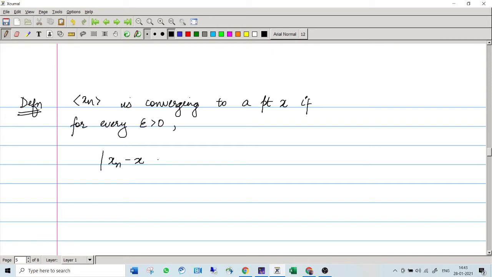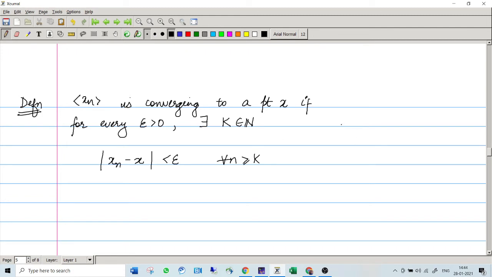The distance between these two things is given by the modulus of the difference. So the distance between xn and x, that is, modulus of xn minus x, will be less than epsilon after a point of time, meaning after some natural number. So for every epsilon greater than 0, we can find a natural number, let's say k, such that the distance becomes very minute for every n after that k, right?